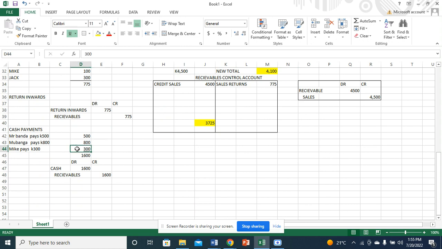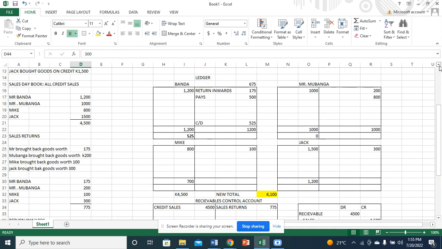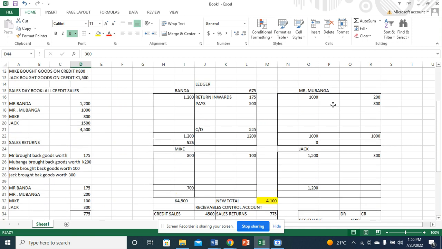Mike pays 300. Where's Mike's account? Here, RI, return inwards. This is the cash payment, 300. Let's find out how much Mike is now owing.